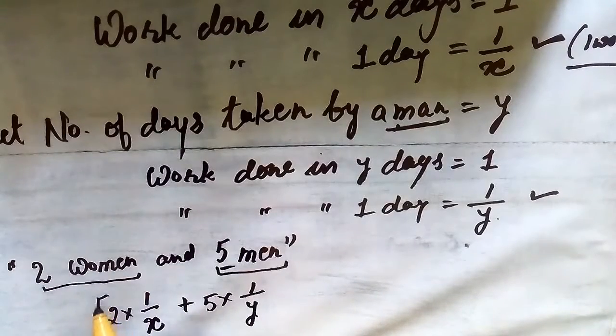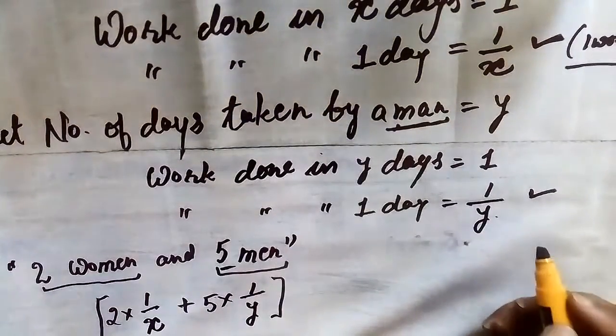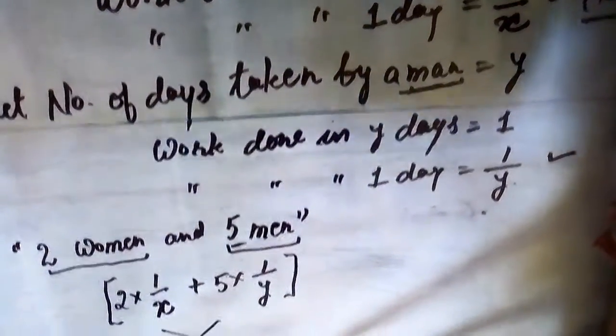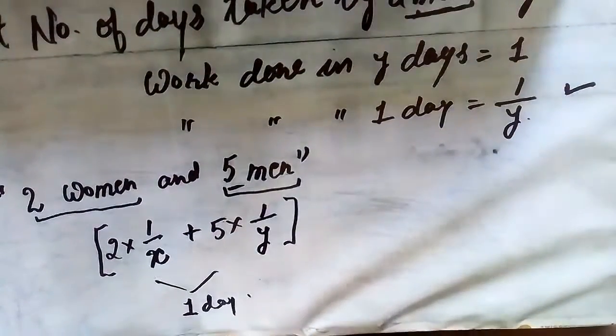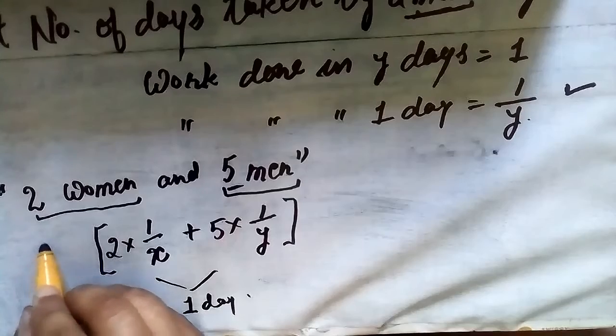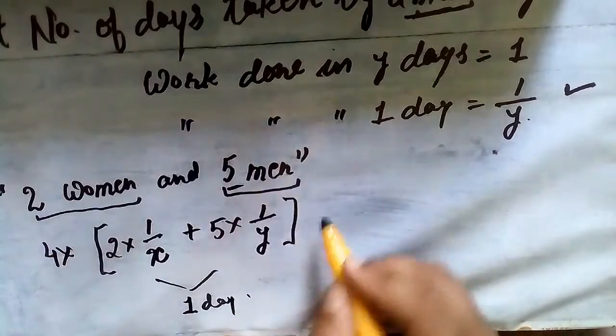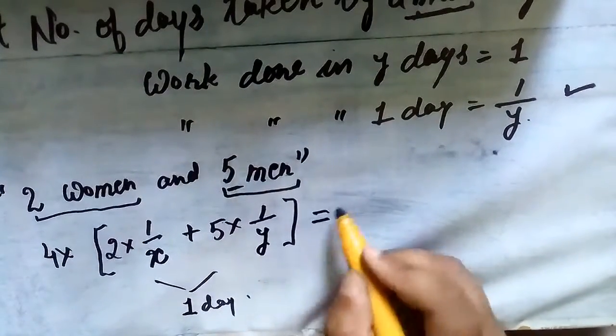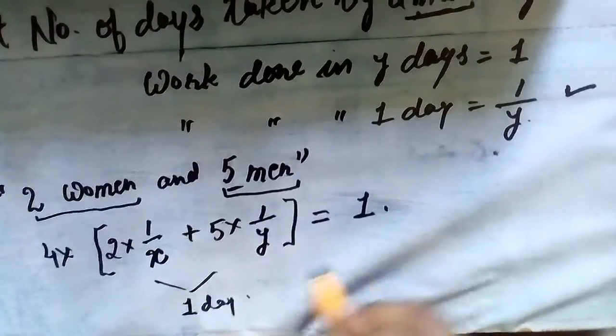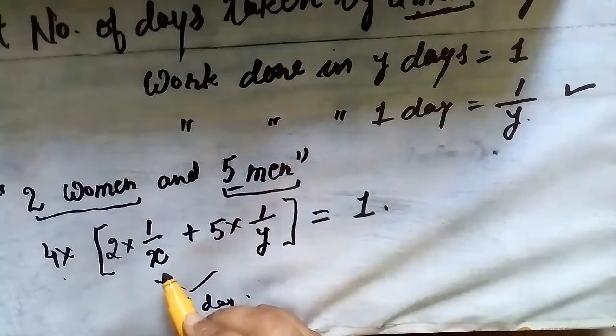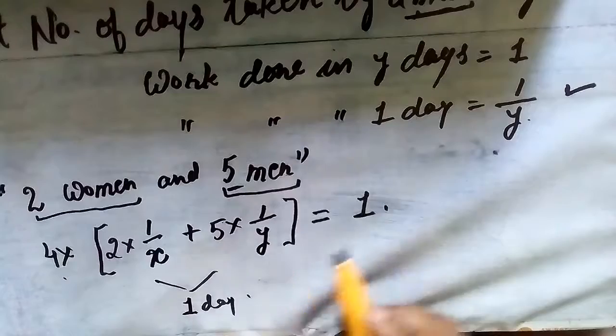So the work done by 2 women and 5 men in 1 day is 2 multiplied by 1 upon x plus 5 multiplied by 1 upon y. In 4 days it will be 4 multiplied by this expression, and it equals 1 work, because only one work is done in 4 days.